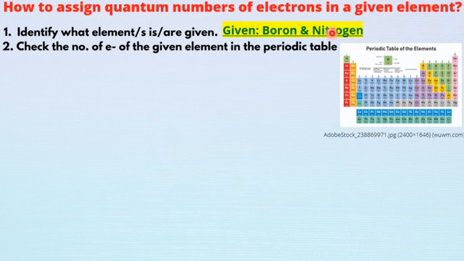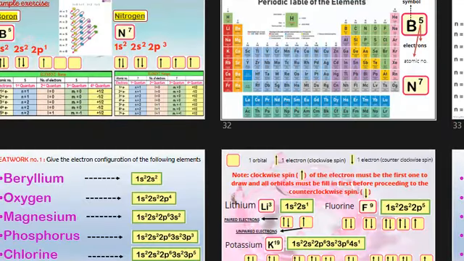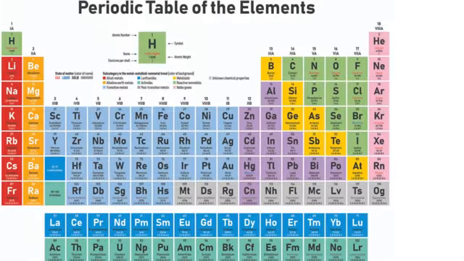So the boron here and nitrogen, how many electrons are there in our given? It is very important that you have your periodic table. So let us check our periodic table. For the boron, 1, 2, 3, 4, 5. This is the boron, the fifth element in the periodic table. So meaning to say, if it is the fifth element, the atomic number is 5 and the electron number is also 5.